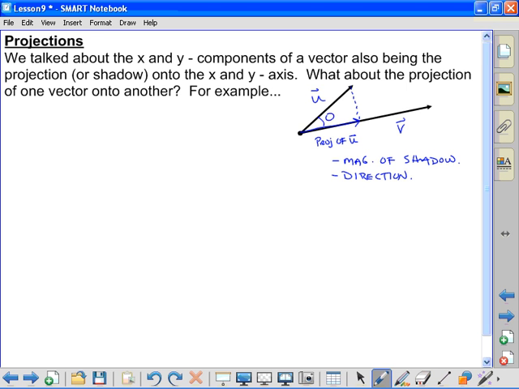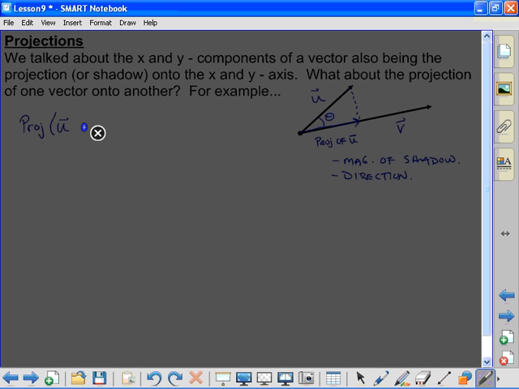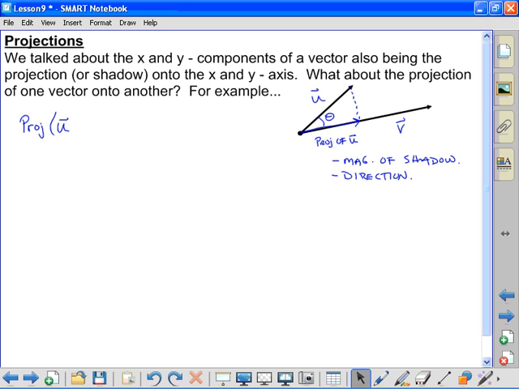Well, the angle between two vectors, u and v, is given by theta. So we know the projection, and it's a notation I'm not a big fan of, but we work with what we've got. The projection of u onto v equals... so there's the notation.